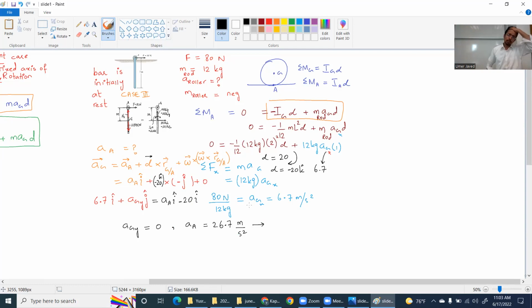Then summation of moment about a fixed point of rotation is IA alpha. We already know it. But what I just said is that if now the point of rotation is also moving, then you just have to realize that you will have I alpha and you will also have an MA D term that will pop up.